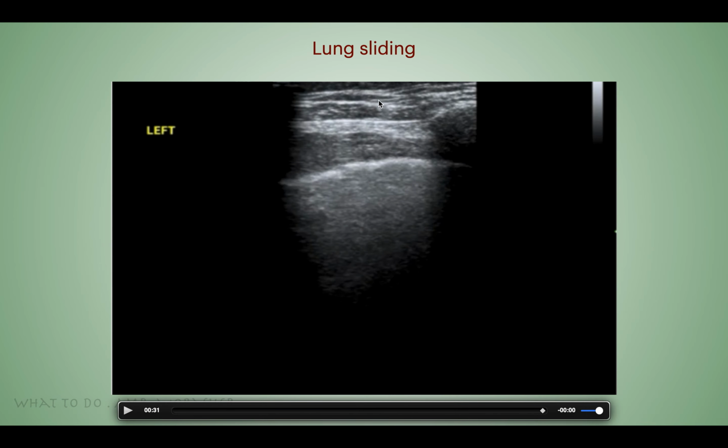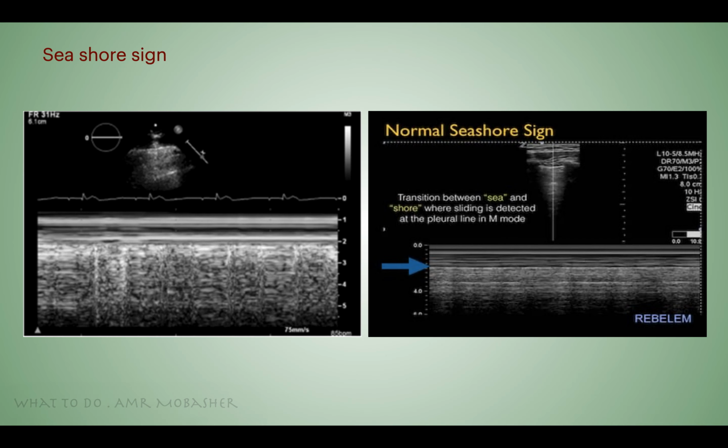Next, we will get the M mode cursor and cut through this field like this. Let's see how it looks. If we do this, we'll find two distinct parts with the pleural line in between. The first part is the subcutaneous tissue and the muscular part, then the pleura, then the lung underneath.